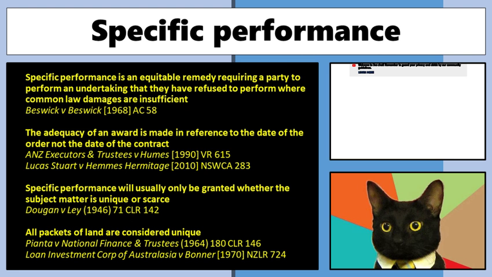All right. The other situation, and this comes from Dugan and Lay, the third point down there, is where the particular subject matter is unique or scarce in some way. There it was to do with taxi licenses. A person bought a taxi business and wanted the license transferred as well.